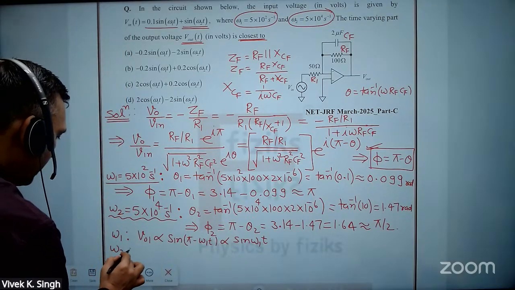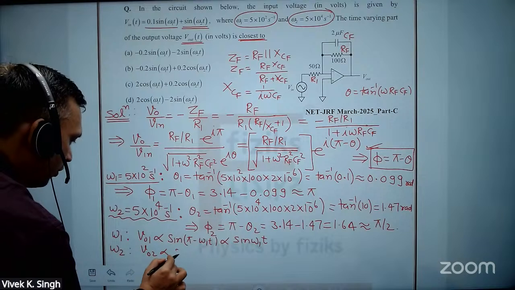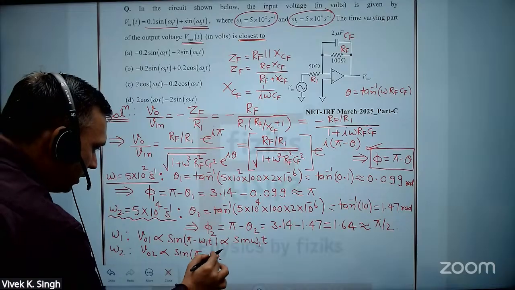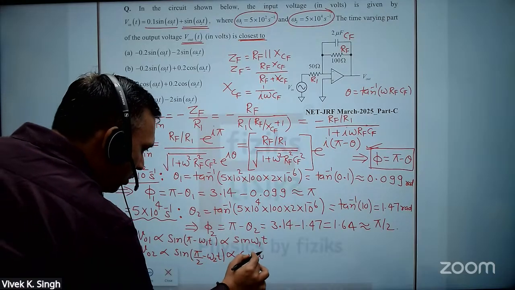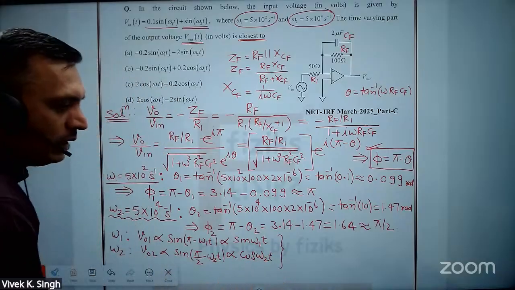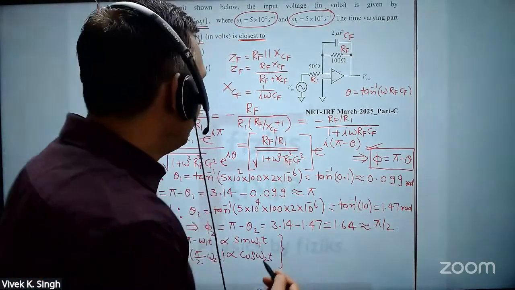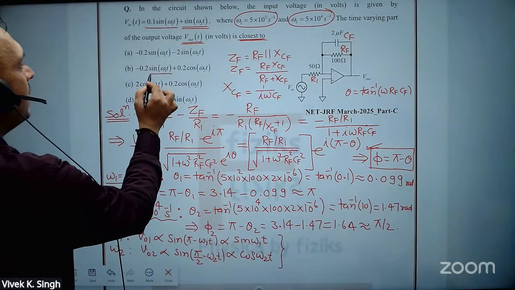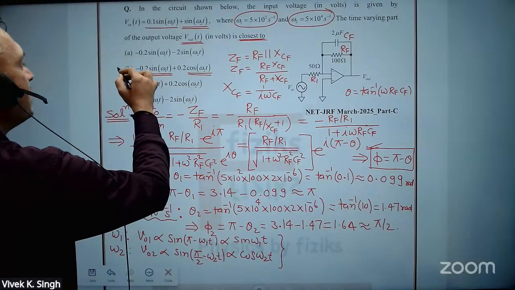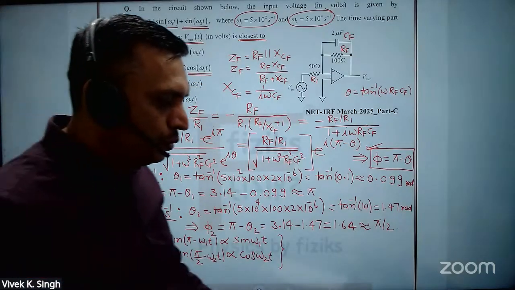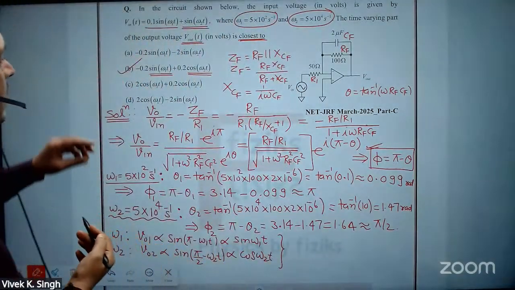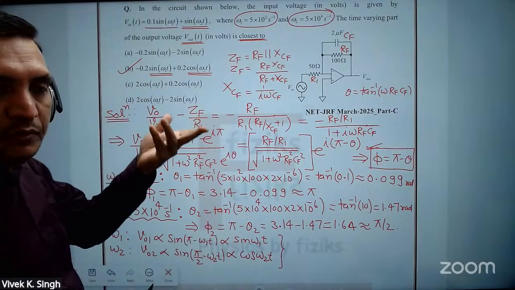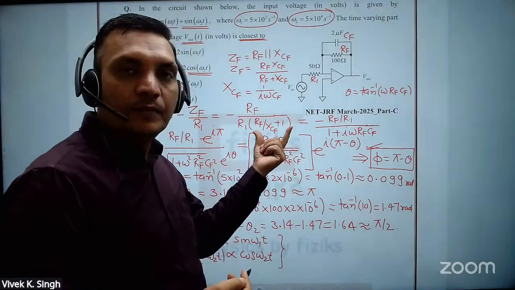And when you have omega 2, the corresponding output will be proportional to sine of pi by 2 minus omega 2 t. So this will be proportional to cos omega 2 t, and that's what you have to identify, whether you are getting sine and cos terms. Just identify sine and cos because it's an objective question, so you have to identify the correct option. That's why I am just calculating this. If you want, for calculation purposes, you can find the magnitude also by using this relation.